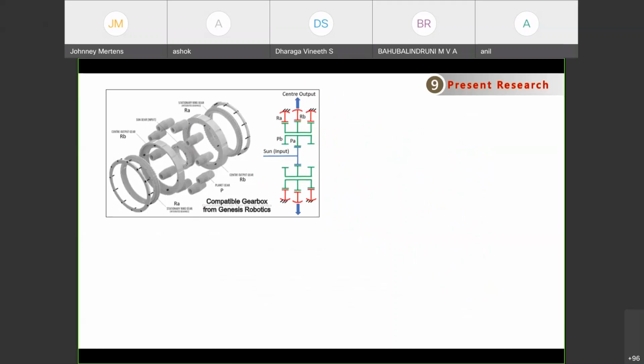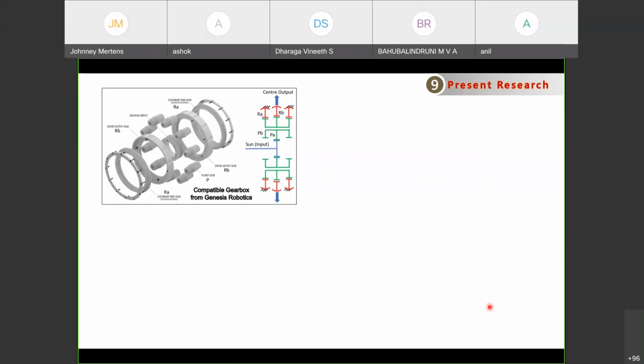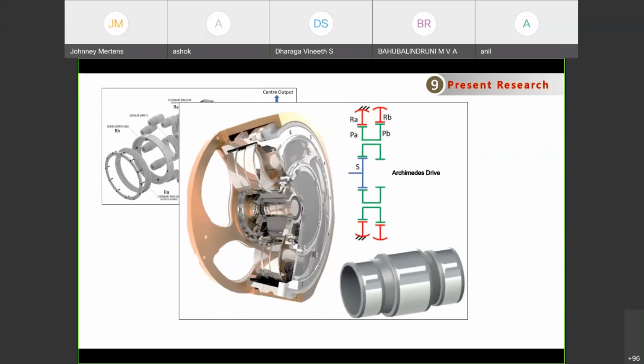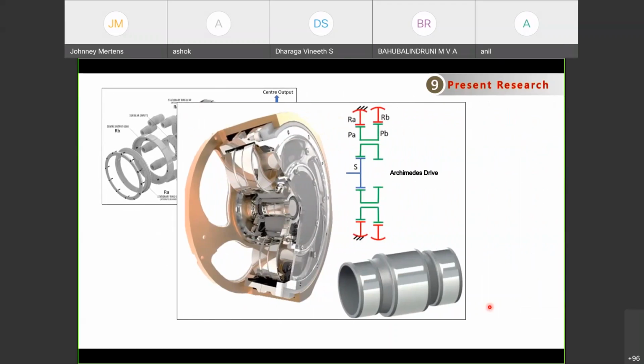Next, the second type of gearbox under research till date is the Archimedes drive, which you can clearly see here. The sun gear is at the center, but instead of the planetary gear arrangement, it is replaced by rolling contacts.